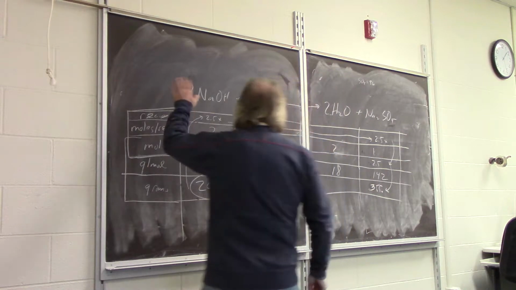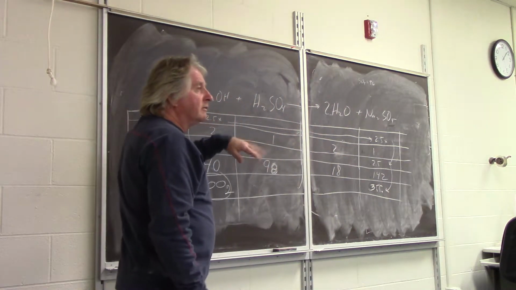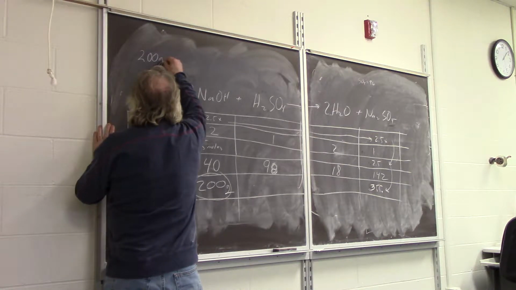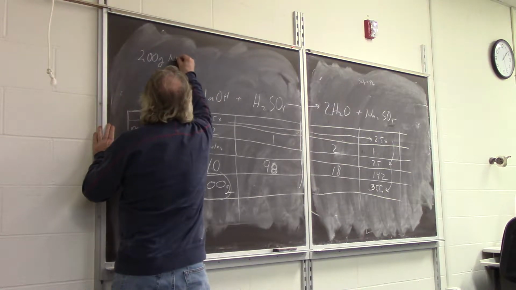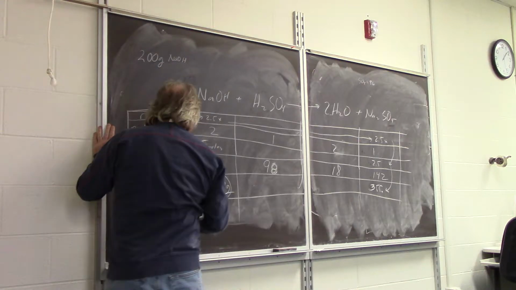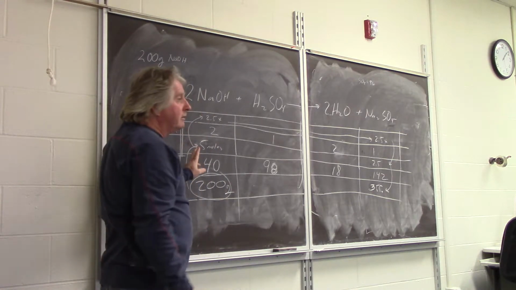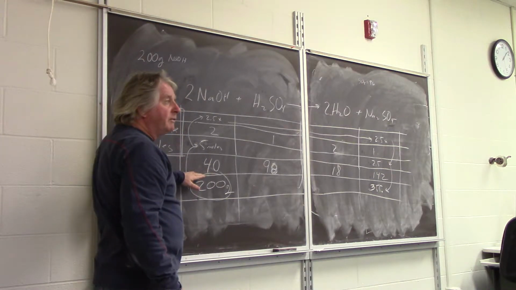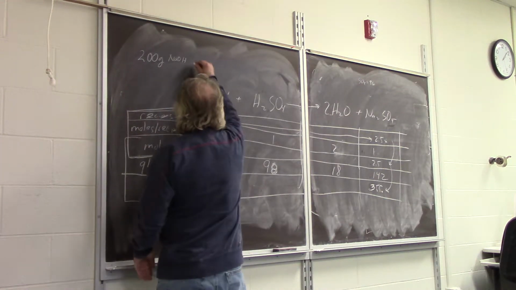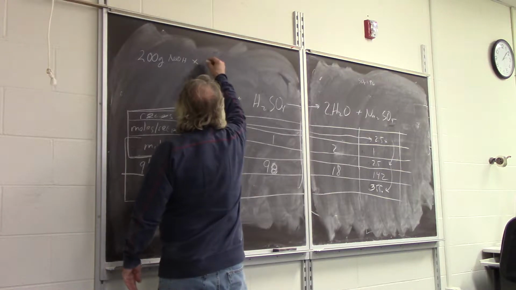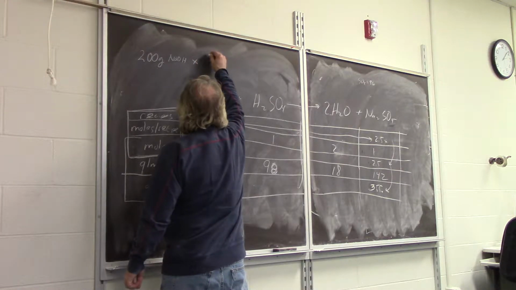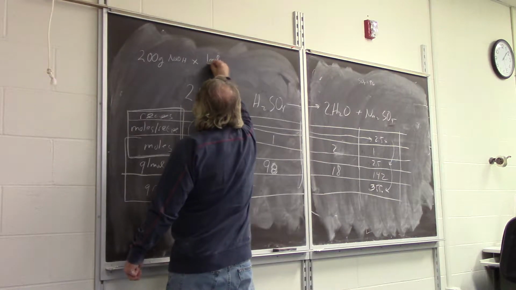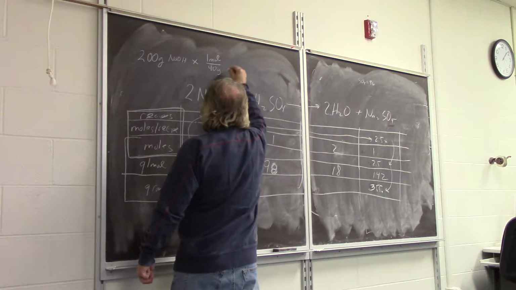Now, if you want to do the conversion method, what you do is start with 200 grams of sodium hydroxide. Okay, we're going up. When you go up, you use the reciprocal of the number you're going through. So the reciprocal is the same as dividing. It'll be 1 mole per 40 grams.